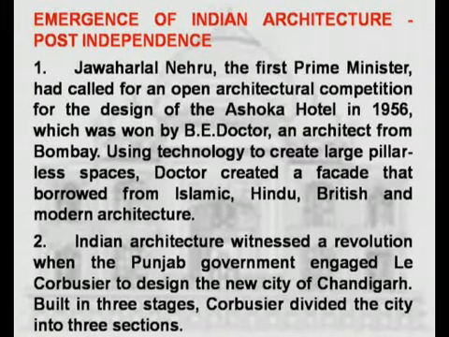Indian architecture witnessed a revolution when the Punjab government engaged Le Corbusier to design the new city of Chandigarh. Built in 3 stages, the city is divided into 3 sections. The head consisted of political, bureaucratic and judicial buildings, that is the administrative parts of the city.